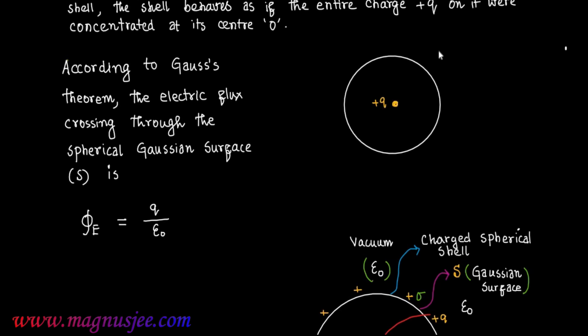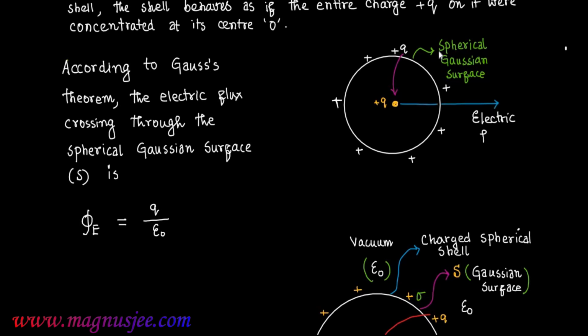Here we can assume that +Q charge is concentrated at the center of this spherical Gaussian surface. In this case, we can denote the number of electric field lines crossing normally to the surface of this spherical Gaussian surface. +Q charge is uniformly distributed over the surface of this spherical shell, and appears to be concentrated at its center.